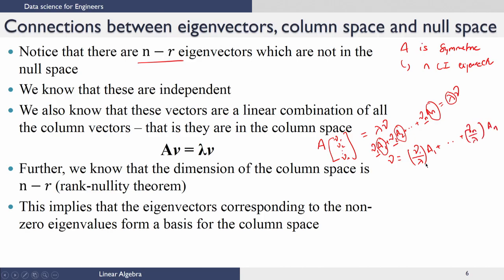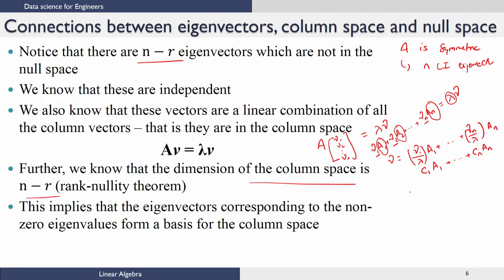Again, nu 1 is a scalar, lambda is a scalar. So, these are all constants that we are using to multiply these columns. Now, you will clearly see that each of these n minus r eigenvectors is a linear combination of the columns of A. So, there are n minus r linearly independent eigenvectors like this, and each of them is a combination of columns of A, and we also know that the dimension of the column space is n minus r.